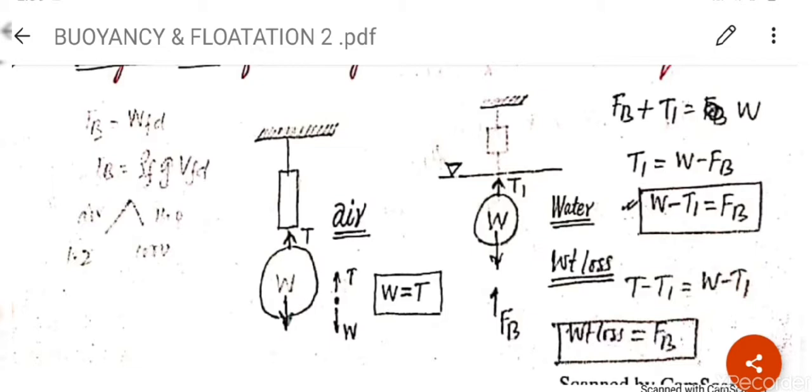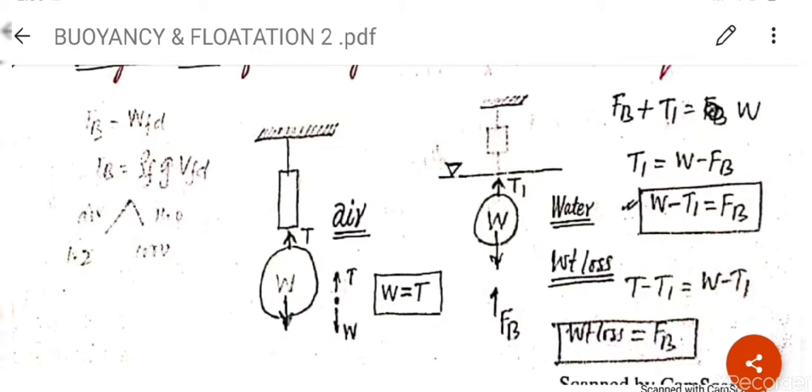Clear? So what will be the weight loss? We know that W is equal to T from the last diagram. So in place of W we can write T, and in place of FB we can write W minus T1. Clear?